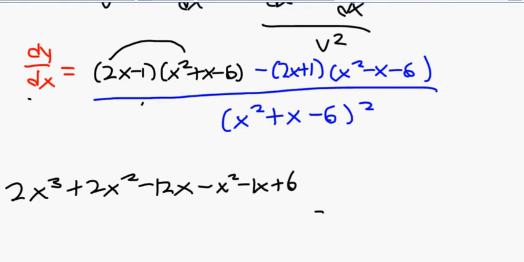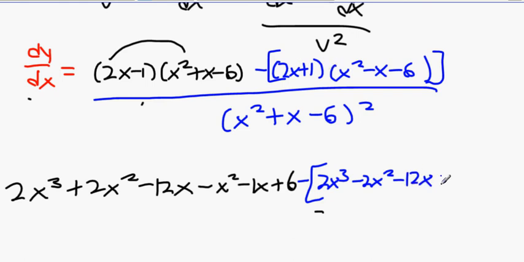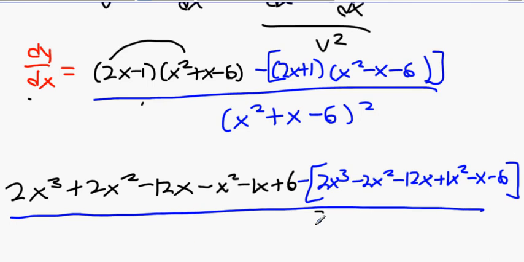That's all the black part there. Now the blue part I'm going to put in brackets because I don't want to make any mistakes. Minus bracket 2x cubed minus 2x squared minus 12x plus 1x squared minus x minus 6 close bracket, all divided by x squared plus x minus 6 squared.